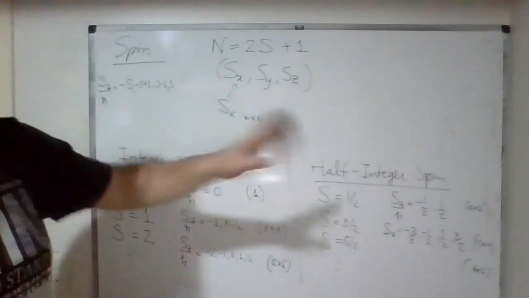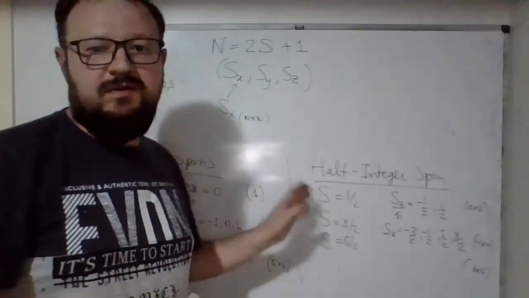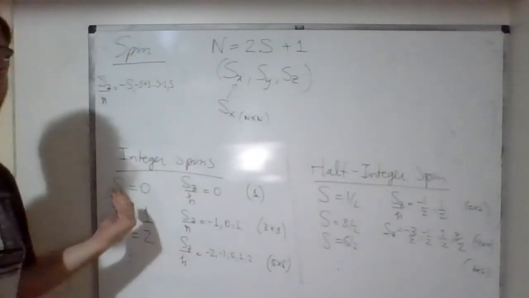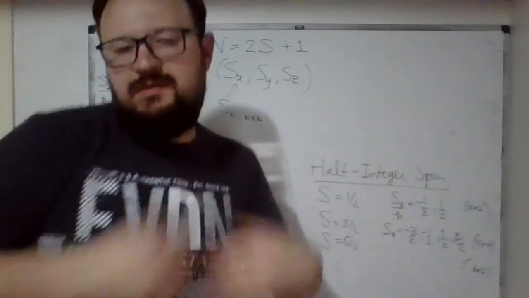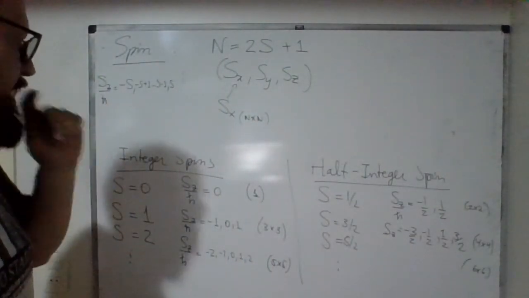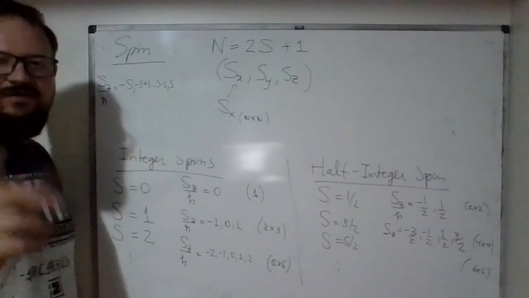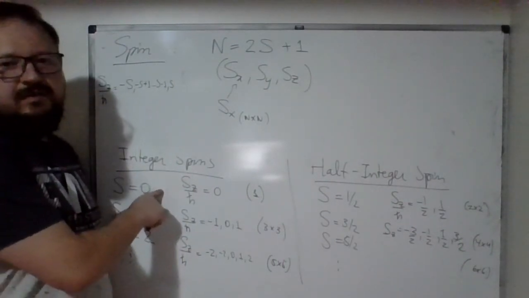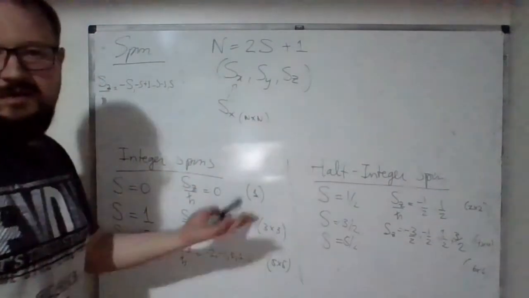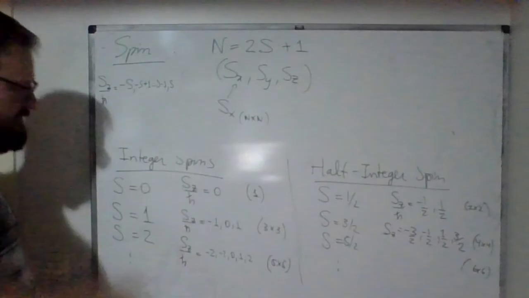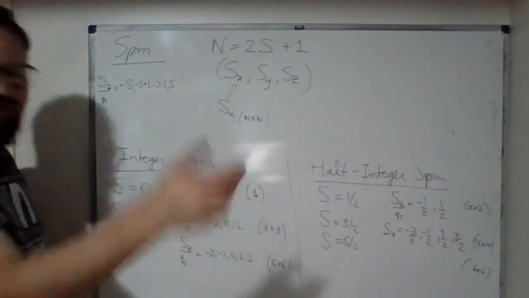It's a very important thing, because half integer spins behave one way and integer spins behave in another way, a distinct behavior. But just to give you some examples, for a spin 0 particle, you can consider the Higgs boson. It's a spin 0 particle, a scalar field under rotations.